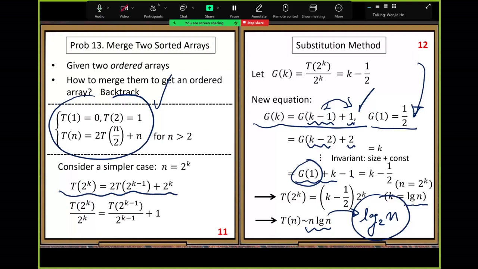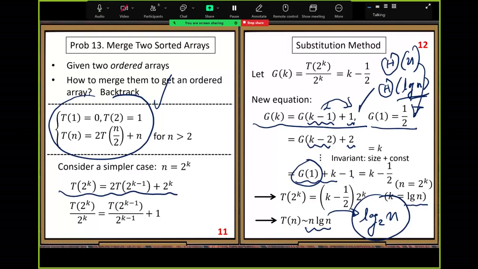Because remember, when we use the asymptotic notation, big theta of log n, usually we consider very large n, right? For large n, with minus 1, we don't worry about minus 1. It's a small number.